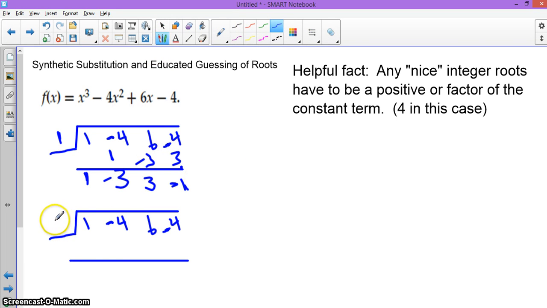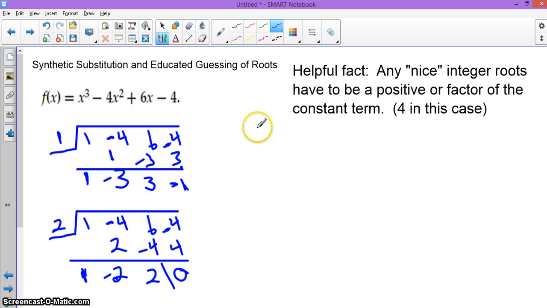It is 2. Okay, another factor of 4. So you only have a handful of guesses, possibilities. And here we go. There we go.